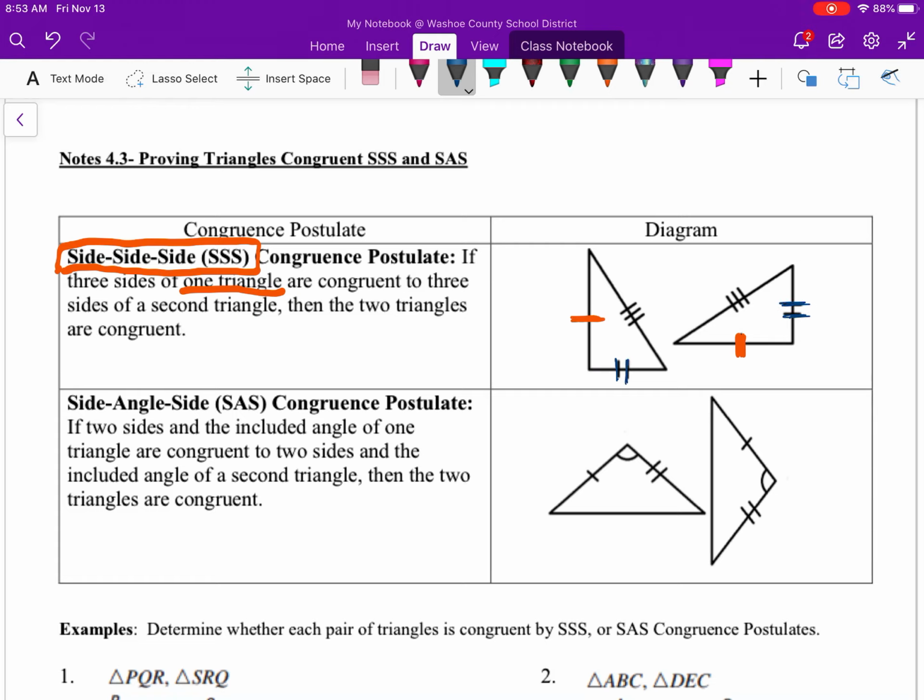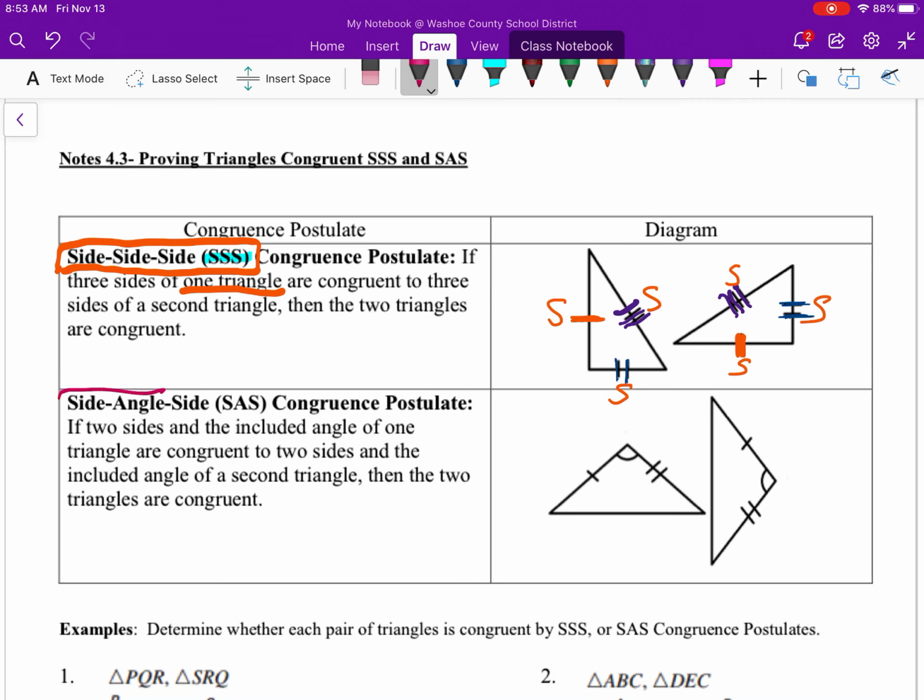This side and this side are also congruent because they're both labeled with two marks this time. And this side, my 3 mark, is congruent to this side, my 3 mark. So because I have a side, a side, and a side labeled for each triangle, I can say that's called the side-side-side congruence theorem.